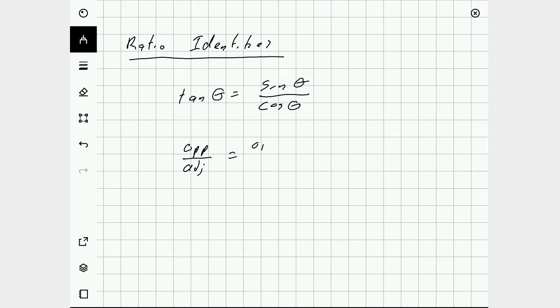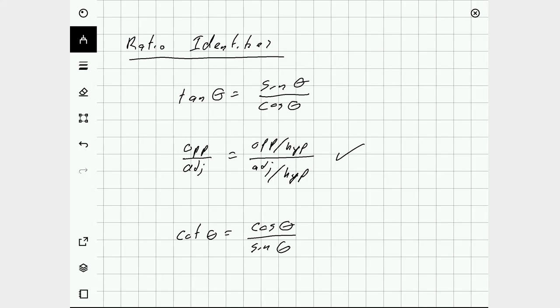Sine is opposite divided by hypotenuse, and cosine is adjacent divided by hypotenuse. If we take the fraction on the right and simply multiply top and bottom of the big fraction by the hypotenuse, then we end up with equality. So tangent of theta is equal to sine over cosine. And then because cotangent is the reciprocal of tangent, cotangent of theta is the reciprocal of sine over cosine, namely cosine over sine.